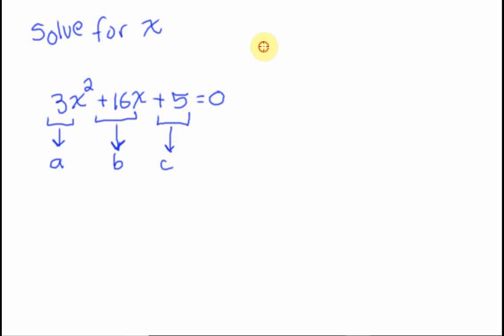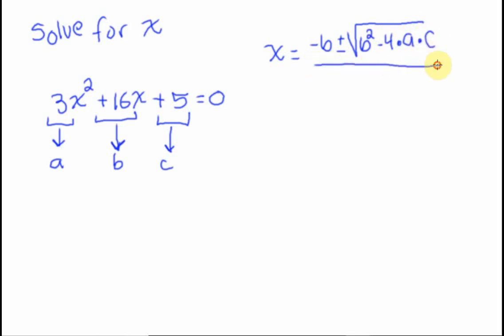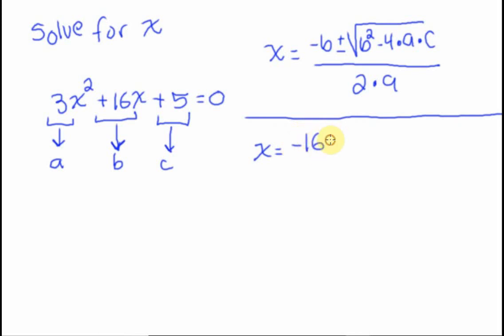I'll write down the formula again so we have it on the same screen. Opposite of b plus or minus the square root of b squared minus 4 times a times c, all divided by 2 times a. Alright, let's get to work plugging in the pieces we have. So x is going to be equal to the opposite of b. b is positive 16, so this is going to be negative 16 plus or minus the square root of b squared, 16 squared, minus 4 times, now what's our a?